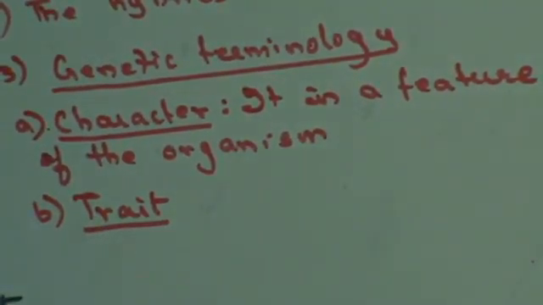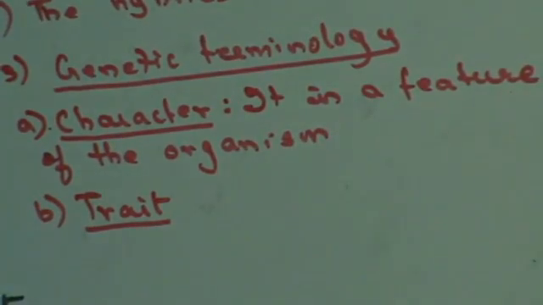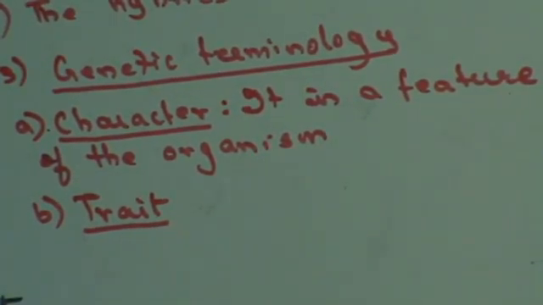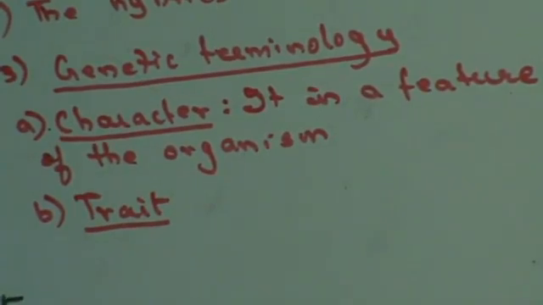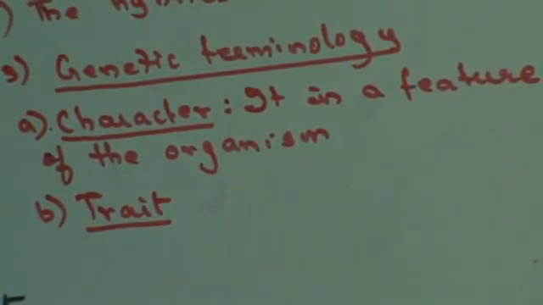Right? Character means a feature of the organism. A feature of the organism that can be inherited from one generation to another generation is called as trait. If the parent has certain character, if the same character comes in the first generation, then that is called as trait. An inheritable character and its detectable variant, right?